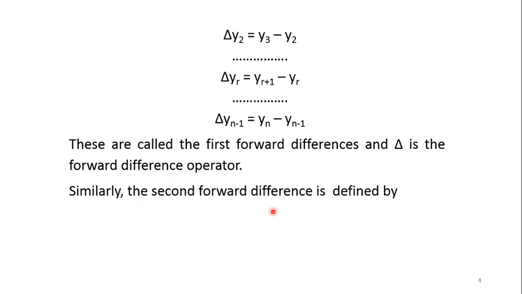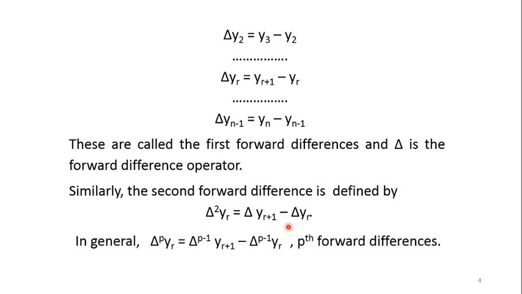Similarly, the second forward difference is denoted by delta 2 of yr equal to delta of y of r plus 1 minus delta of yr. In general, the pth order forward difference is defined as delta p of yr equal to delta p minus 1 of y of r plus 1 minus delta p minus 1 of yr, and is called the pth forward difference.